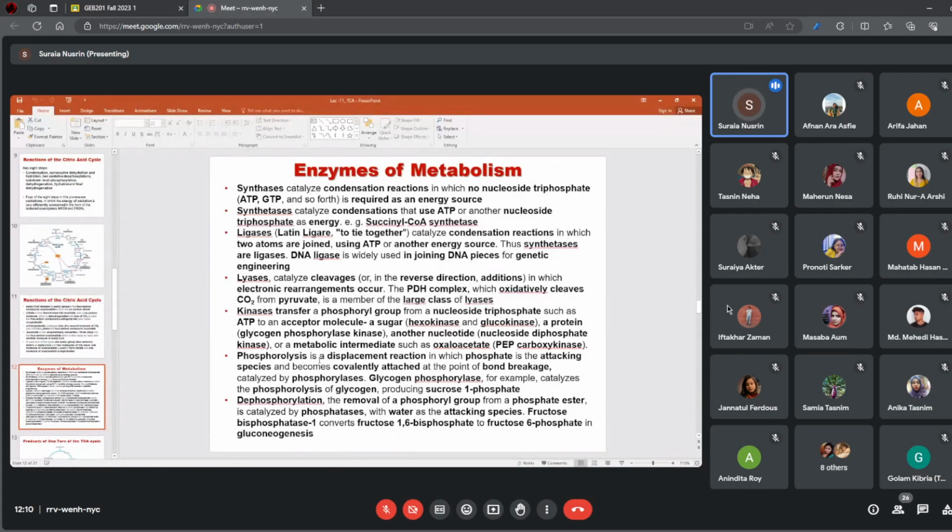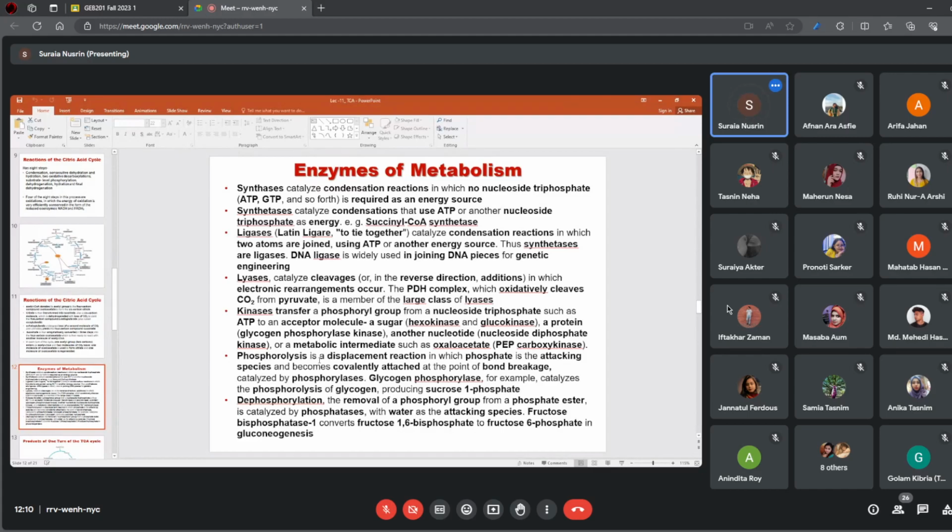The substrate can be different types of substrates, such as a sugar. For sugar we already learned examples, such as hexokinase or glucokinase. Or maybe it adds the phosphate group to a protein, and an example is glycogen phosphorylase kinase.